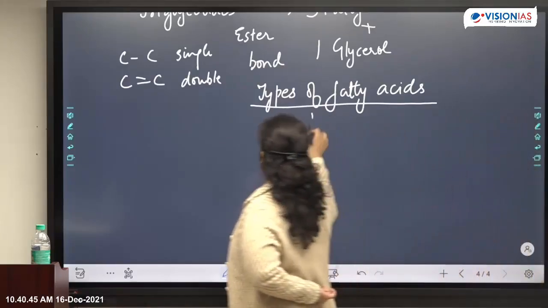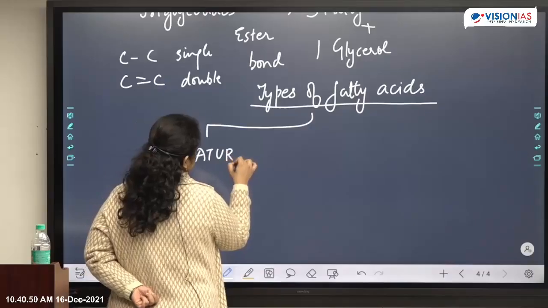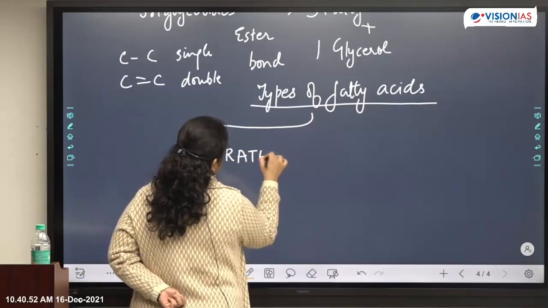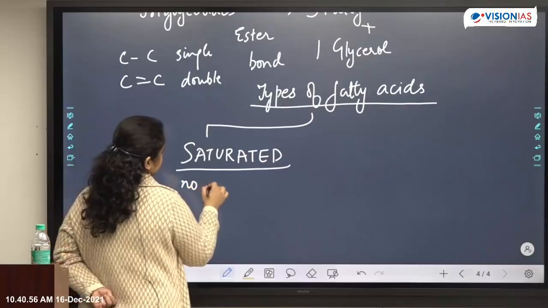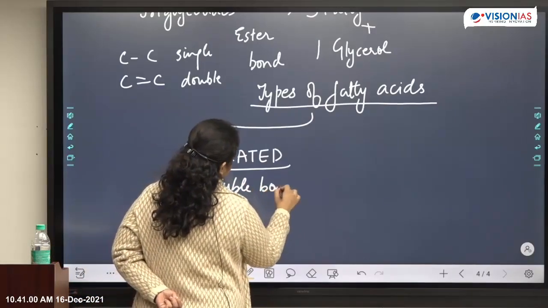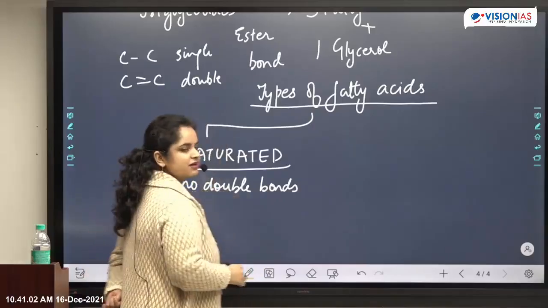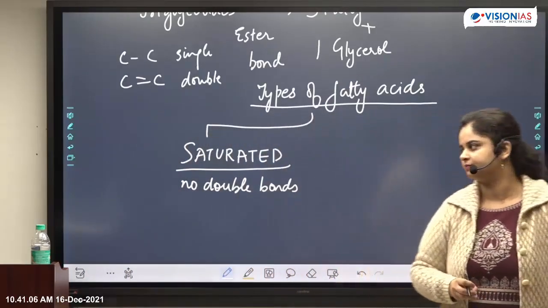First type we are going to call saturated fatty acid, and this is the one with no double bonds. That means only carbon-carbon single bonds are there.